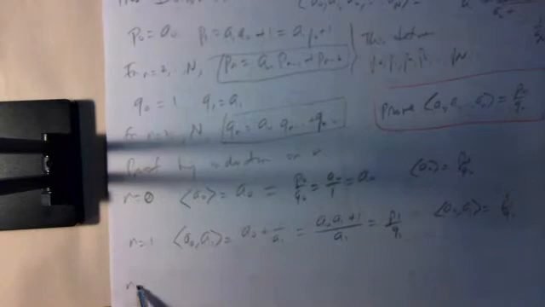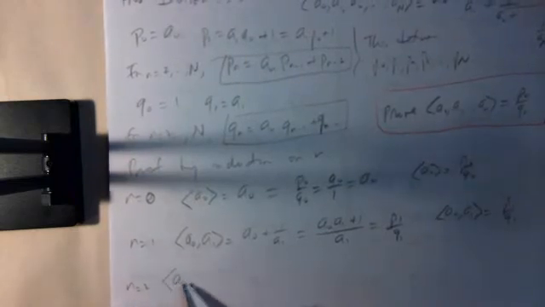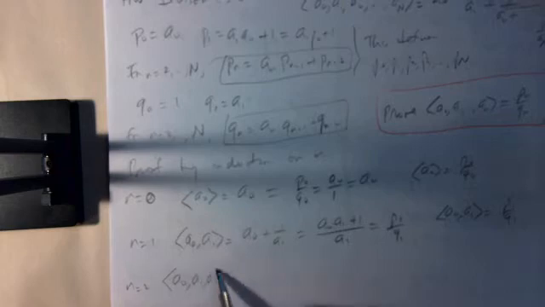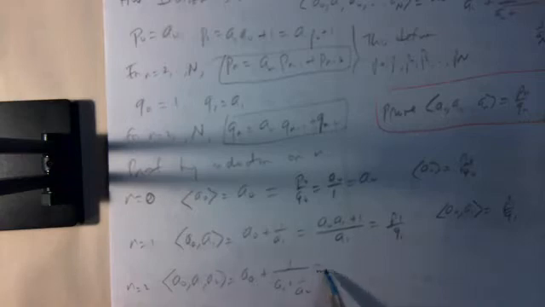Let's do the next case just to get an idea of what's going on. What is the simple continued fraction [A0, A1, A2]? That's A0 plus 1 over A1 plus 1 over A2. So let's just work out what this fraction is.